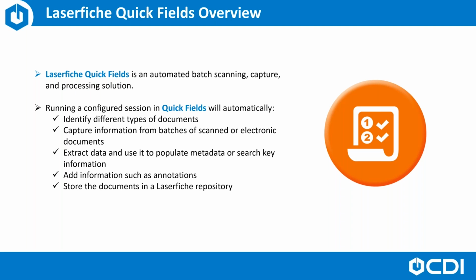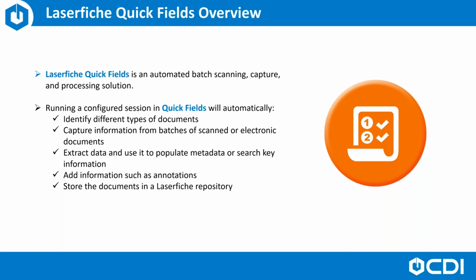And then assuming all that text is extracted, we can also then obviously run searches on any of that extracted text through Quick Fields. We can also have Quick Fields add information such as annotation. So that's another thing I'm showing today, is that Quick Fields can perform auto annotations into documents. Specifically today, I'm going to show you how Quick Fields can auto redact documents within your scan batches.